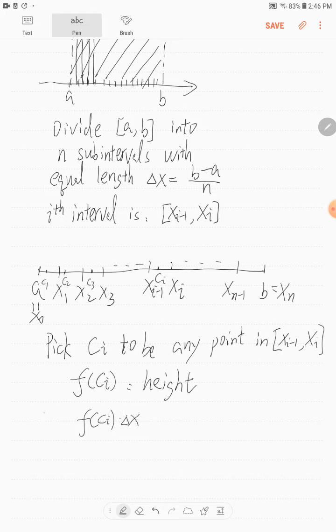Then we add them up, i from 1 to n, and it will be an approximation to the area. So this sum is called the Riemann sum, with equal lengths.